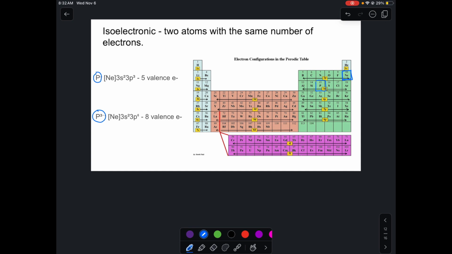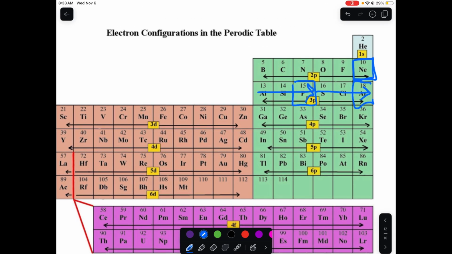So neon is the 3s2, and then 3p3 for phosphorus. Okay, but if phosphorus has a -3 charge, that means it has 3 more electrons, which takes us all the way to the noble gas configuration equal to argon.